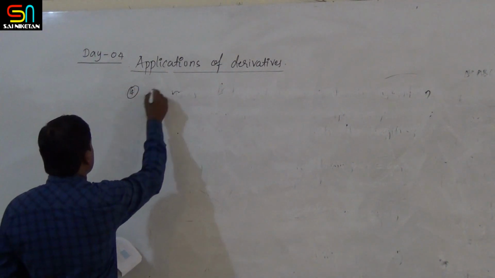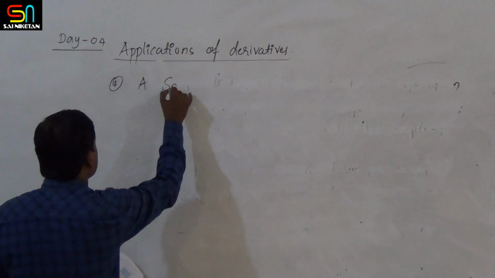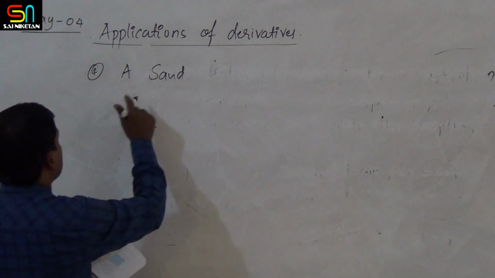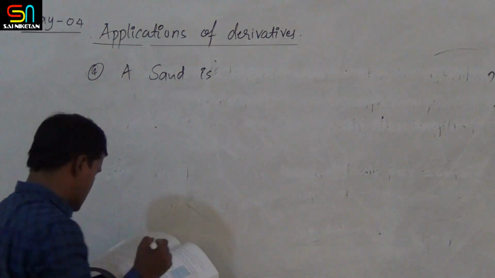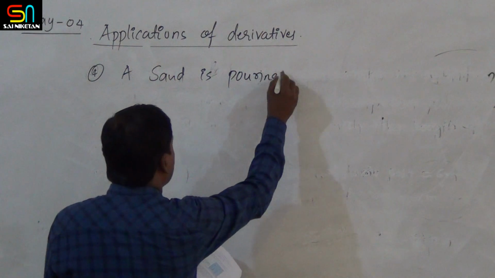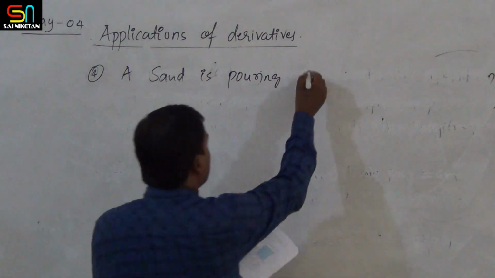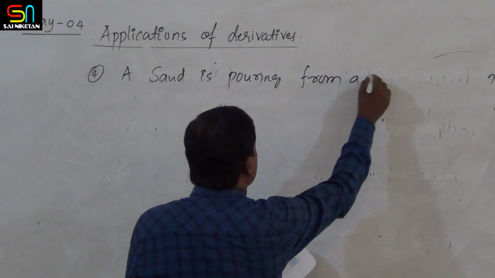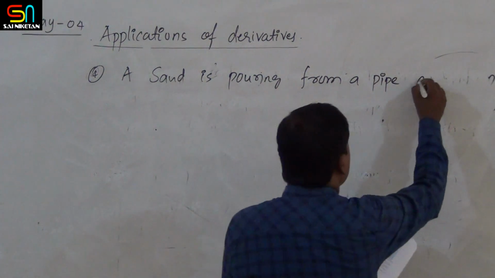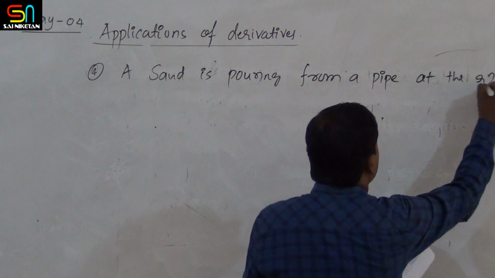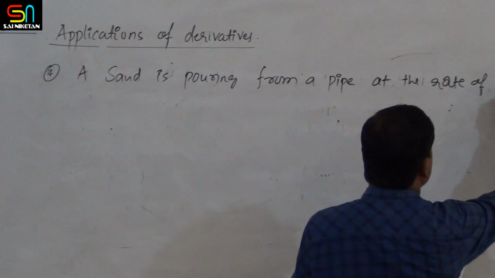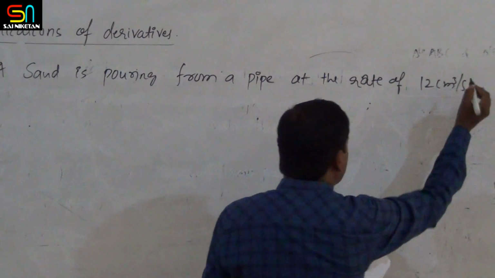Fourth one. Sand is pouring from a pipe at the rate of 12 cubic centimeter per second.